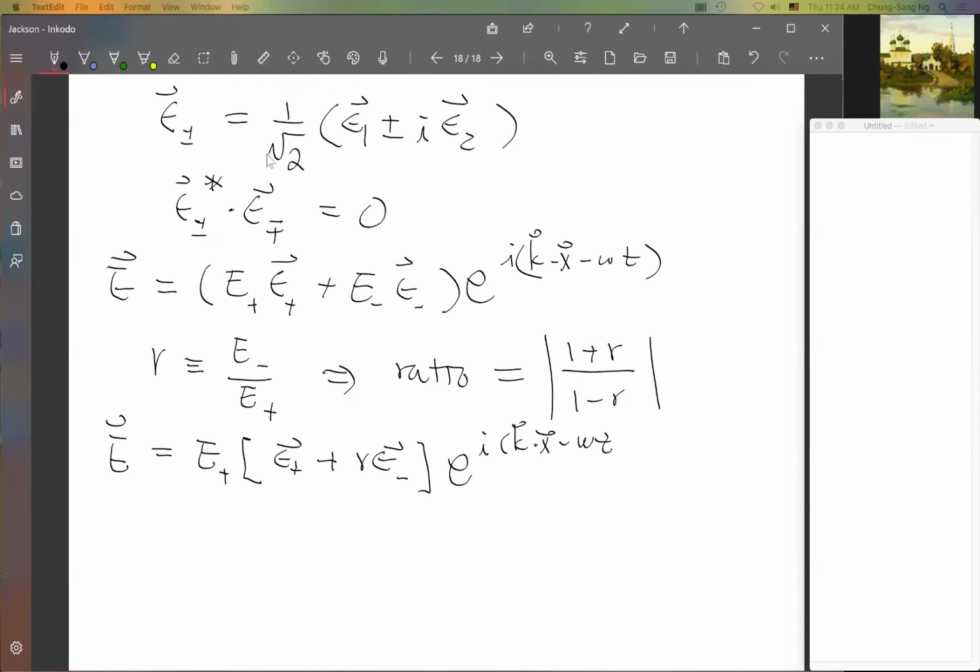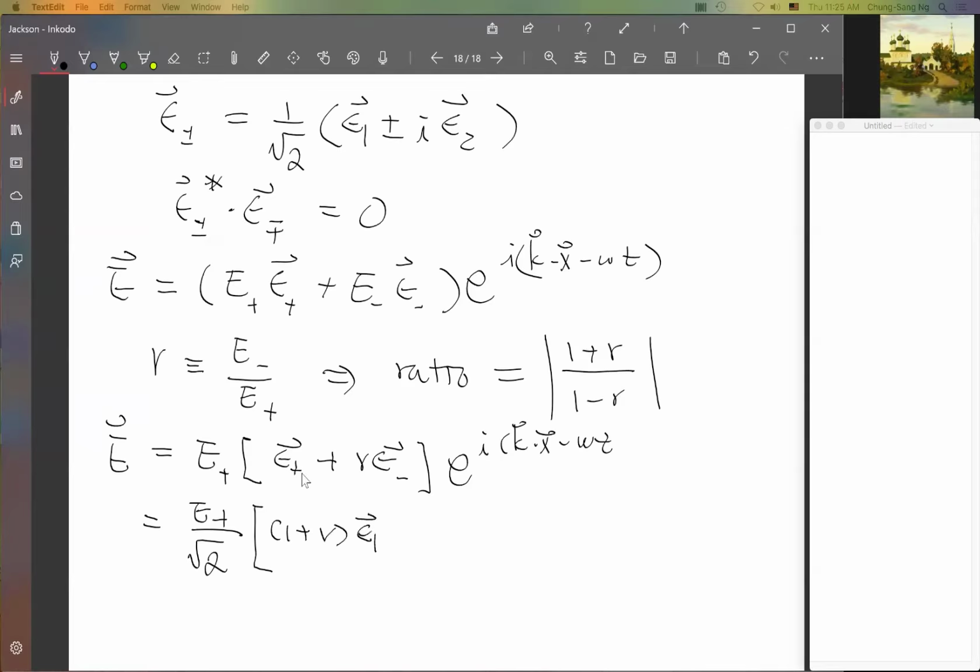So you substitute this into this one, and you get E plus divided by square root of 2. And then E plus, both have the unit vector epsilon 1 and both have the same sign, so you have 1 plus R, epsilon 1.